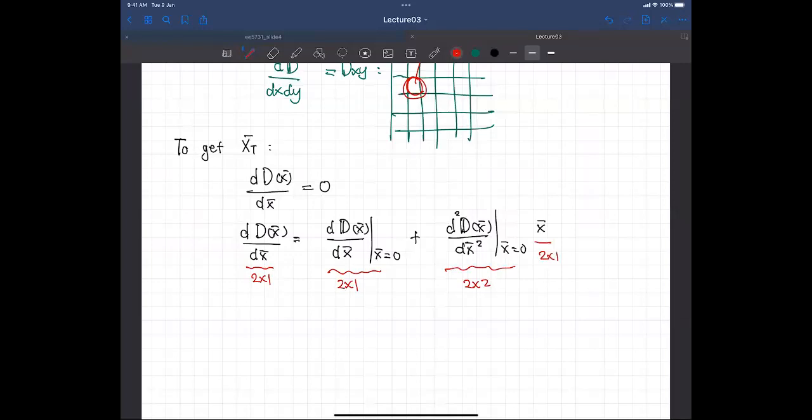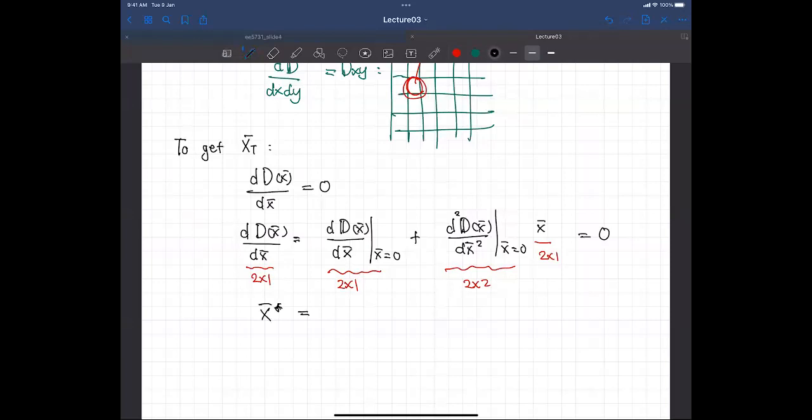So now, what is the goal here? This one is equal to 0, right? What is the goal here? To find x, the 2 by 1 x there. That's something that we want to find. So x bar star, which is the optimum one, equals what then?